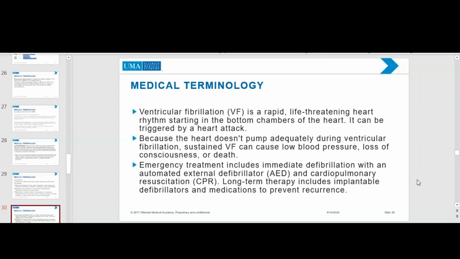Emergency treatment includes immediate defibrillation with an automated external defibrillator, AED, and cardiopulmonary resuscitation, CPR. Long-term therapy includes an implantable defibrillator and medications to prevent recurrence.